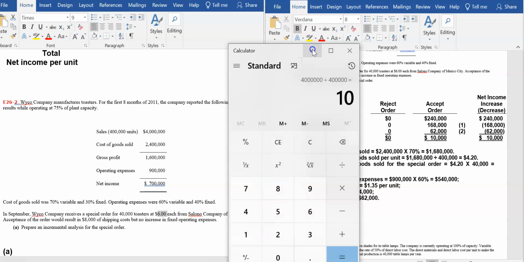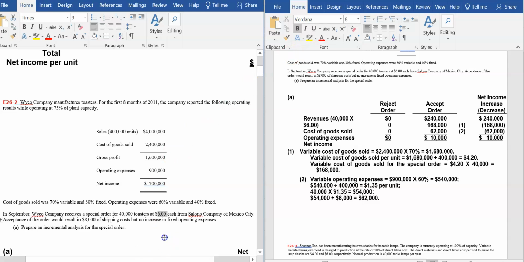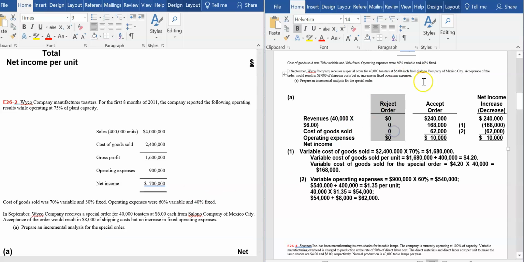The company's trying to decide if it is financially beneficial. So we're going to prepare an incremental analysis for this special order. The company has two choices here. It can reject the order, or it can accept the order, whichever one provides the best financial benefit.